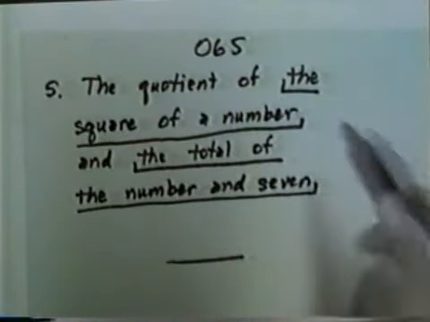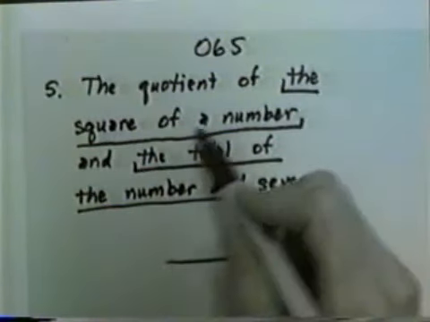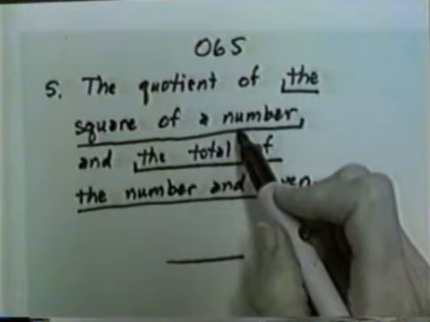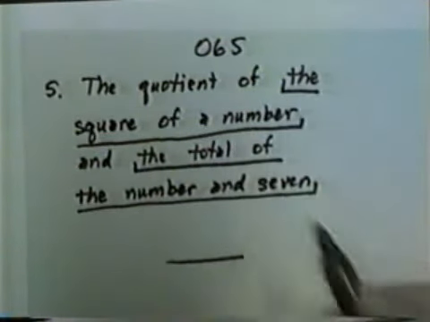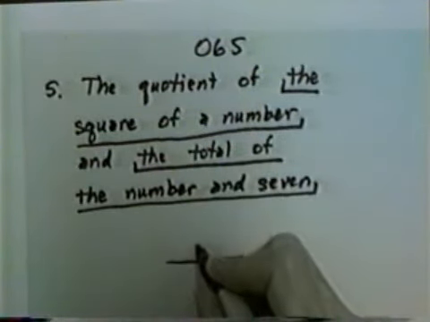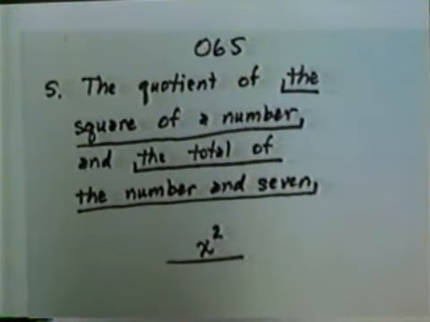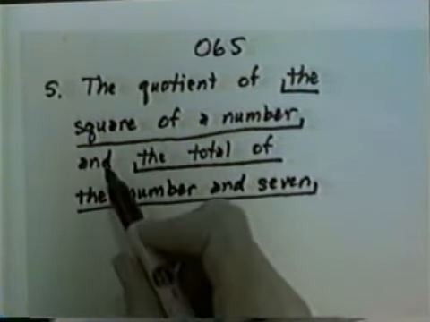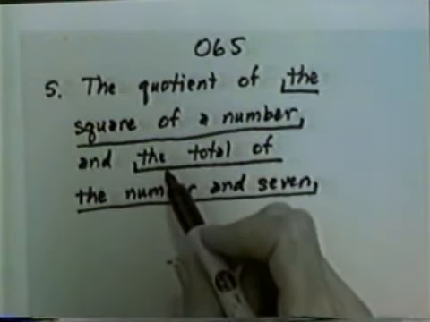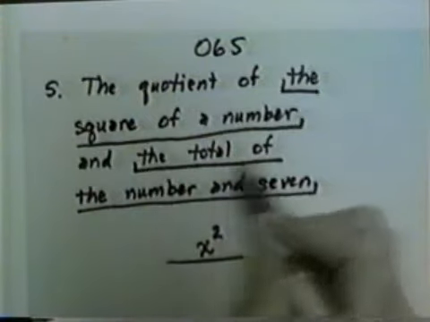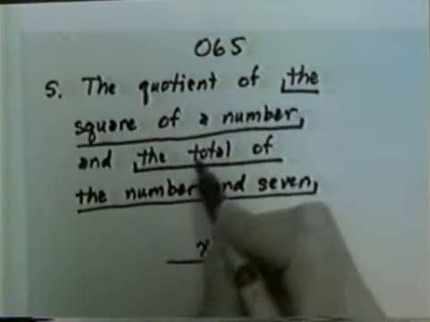We have, for the first expression, the square of a number. Square means exponent 2, so our numerator is x squared. Following the word and, we get the denominator of the expression. This is the total of the number and 7.